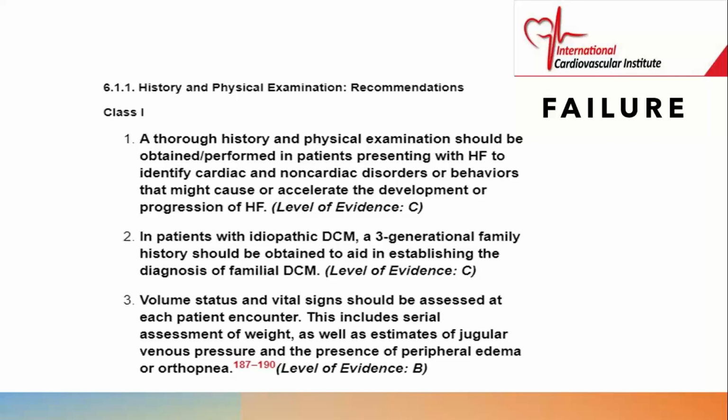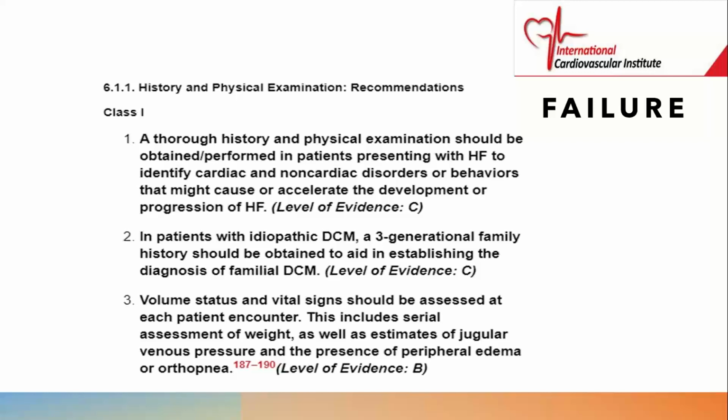It's also recommended that you do a 3-generational family history, because as we looked at heart failure, we showed that one of the causes is familial dilated cardiomyopathy. So you have to find out if any other family member had heart failure.